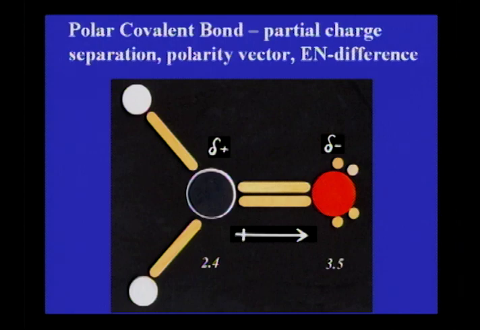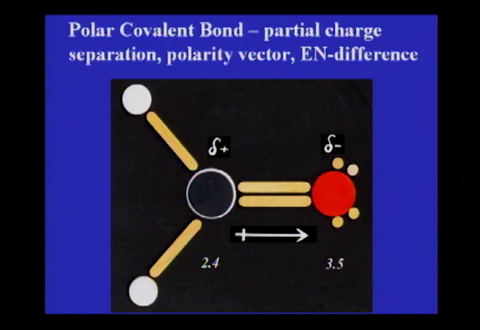We also have the polarity vector here, the arrow with a little plus sign at the end. That's used in chemistry to show in which direction the polar bond is leading. So the negative end of this bond is the oxygen. The positive end is the carbon.